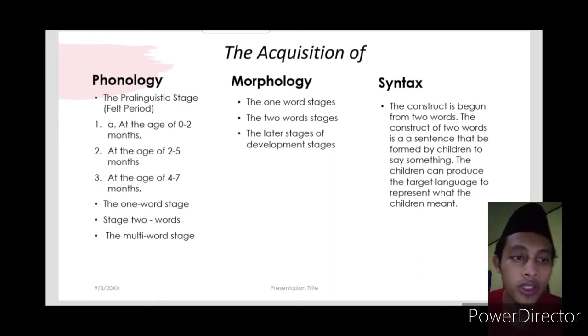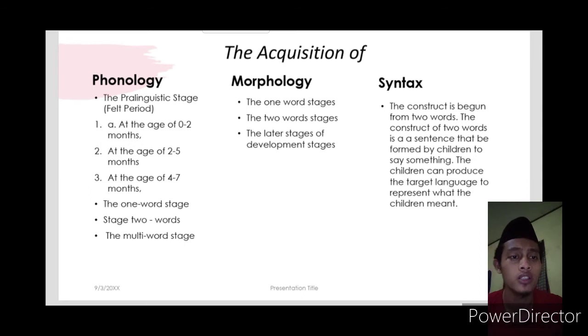In this stage, children grow quickly in vocabulary and grammar. They just say only important words. And then the last is the multiple word stage, at 3 to 5 years. In this stage, children speak more than before, not 2 words, but also it can be more than 2 words.